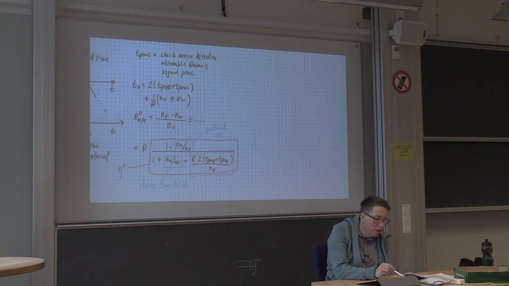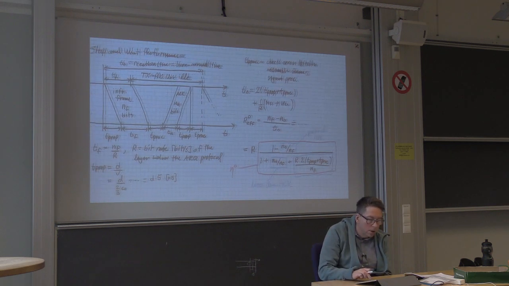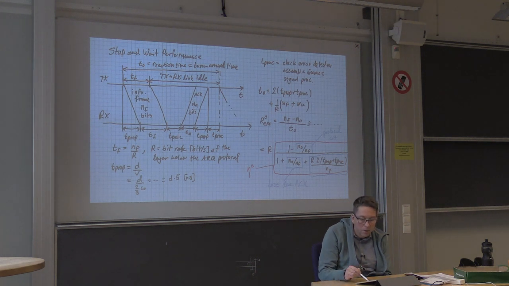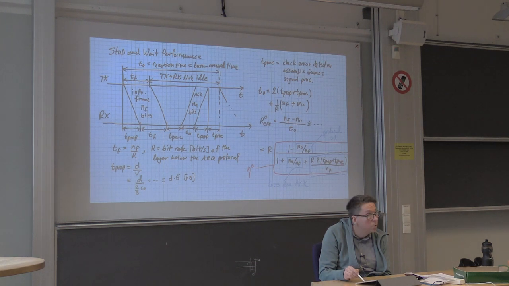So what was that again? Well, that has to do with these times, the propagation time and the processing delays. So if we take those together, they multiply, 2 times those multiply R, okay? So the greater R is, and the greater these processing and propagation times are, the worse the efficiency is, okay?